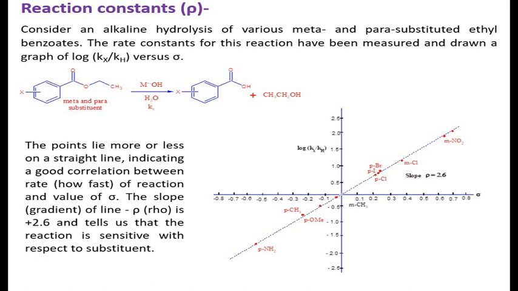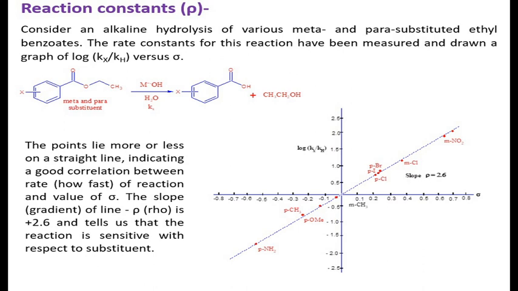First, differently substituted ethyl benzoates, meta and para substituted ethyl benzoates, were taken. In different flasks, hydrolysis reactions with base were carried out, and the rate constants were measured.